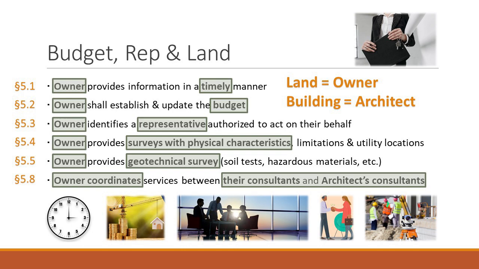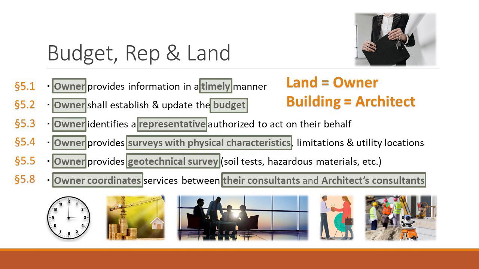The owner still has to recognize that they need to update. So we have an obligation. The owner shall update that budget. And if the owner significantly increases or decreases the budget for the cost of the work, the owner shall notify the architect. So these are things that they have to do and let the architect know. And it requires communication back and forth between the parties.